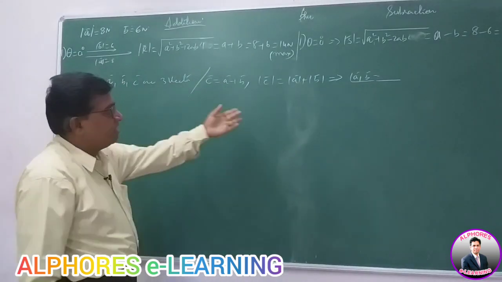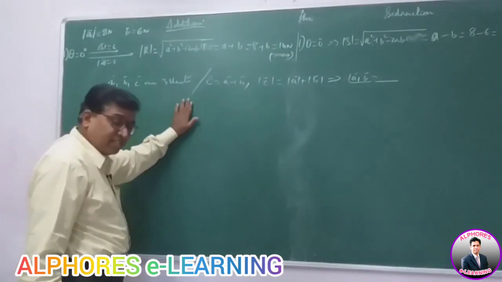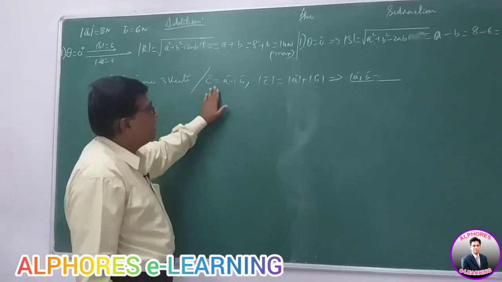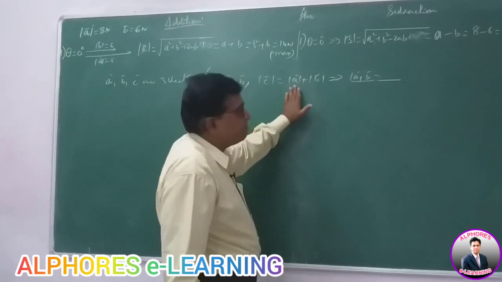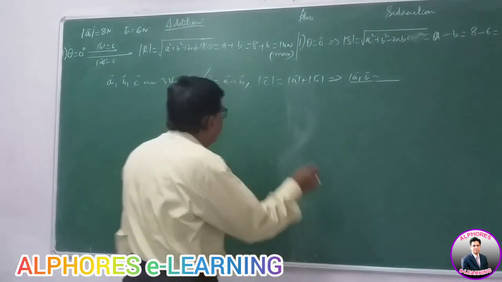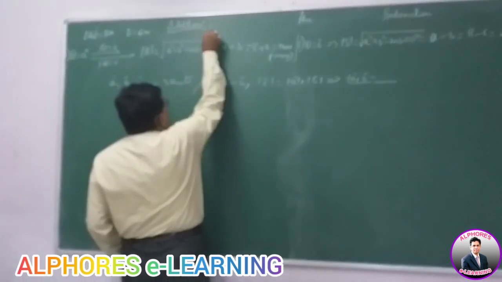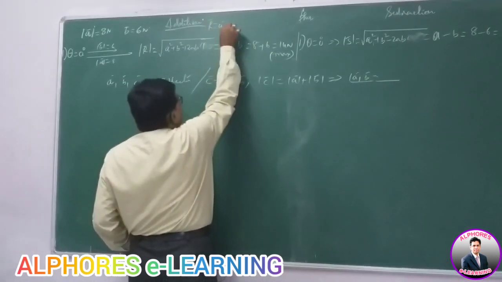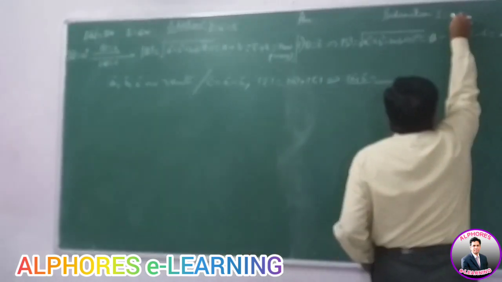What do you infer? C bar is A bar plus B bar, that is the addition resultant. Addition resultant is R bar, that is A bar plus B bar. Subtraction resultant is S bar, that is A bar minus B bar.